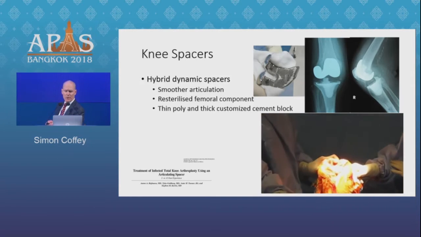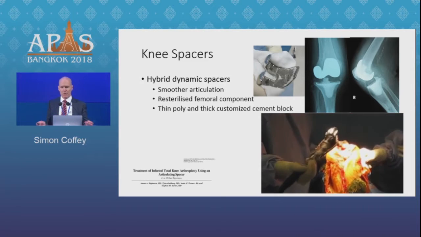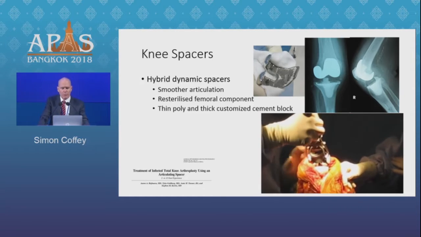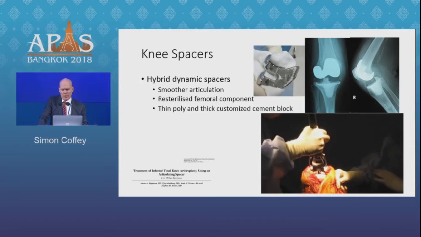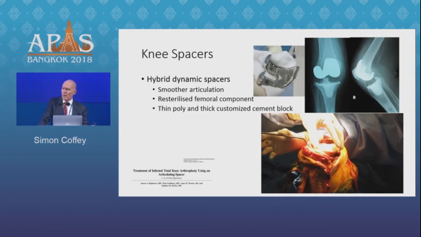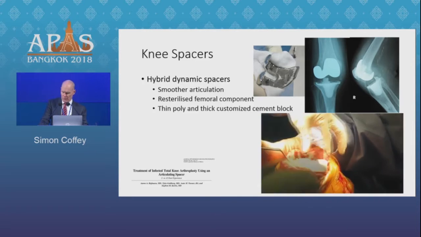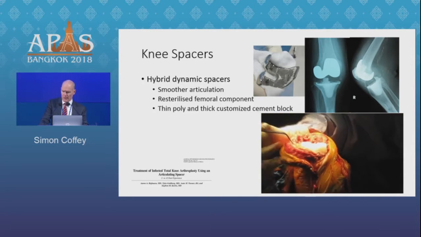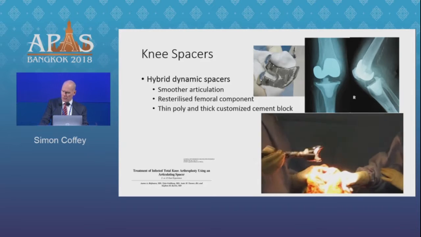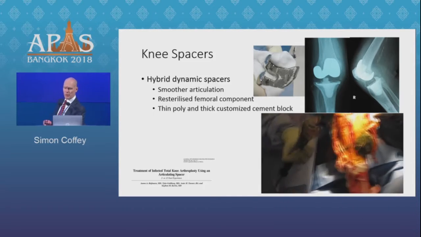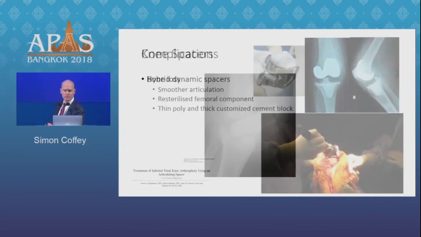You get a smoother articulation. You can use a re-sterilised or a new femoral component, and you use a polyethylene with a thick cement mantle, again with pore cement technique. And it's a relatively straightforward procedure. It's not time-consuming, and you still get good doses of antibiotic to the local space.